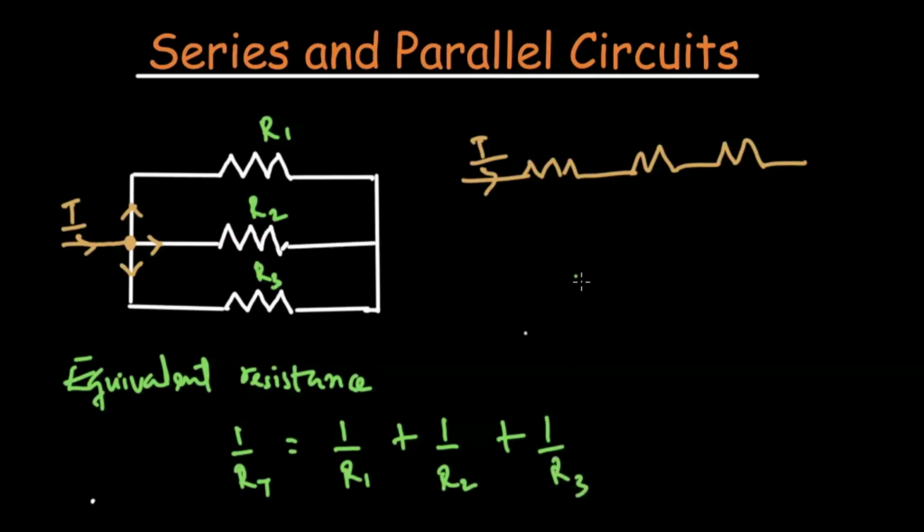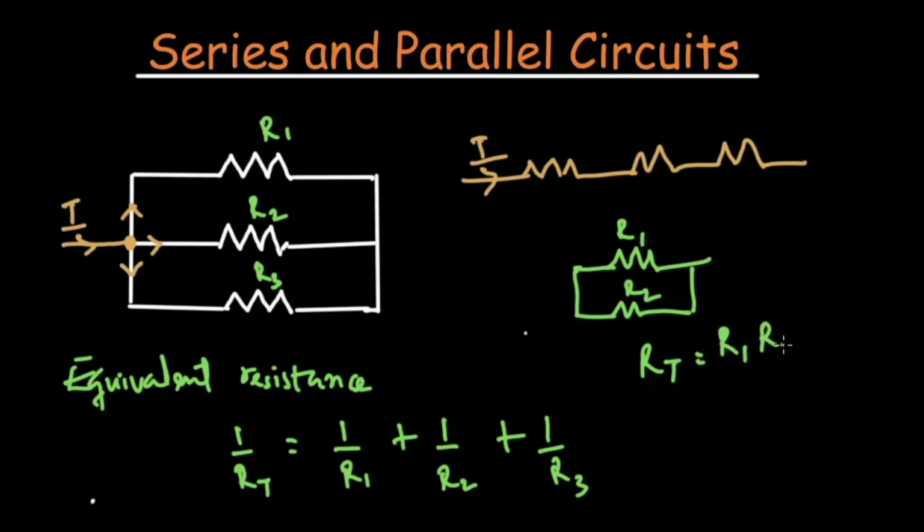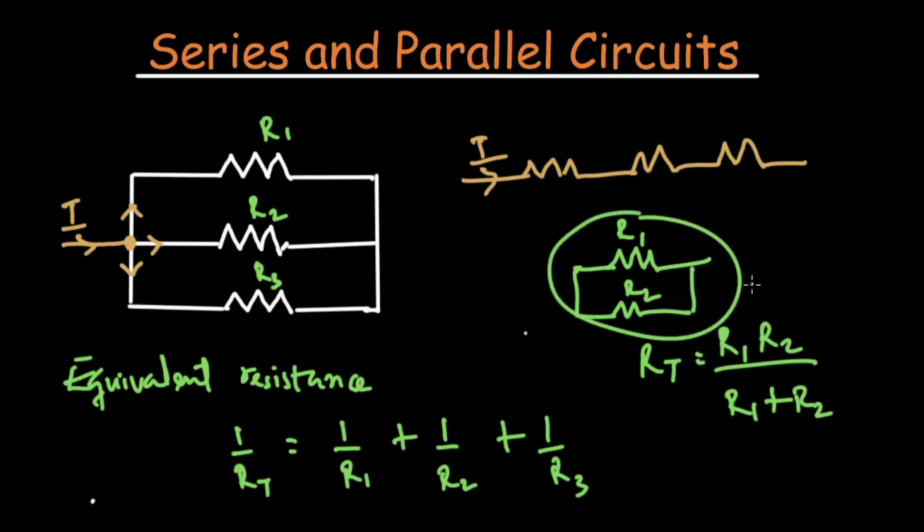And whenever we have two resistors in parallel, and this only works for two in parallel, the faster way to do this is to say that R total is R1 times R2 divided by R1 plus R2. And this only works when we have two connections in parallel.